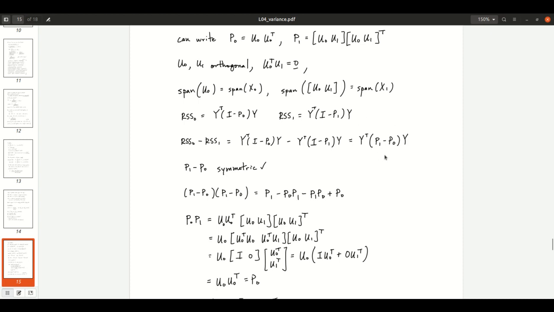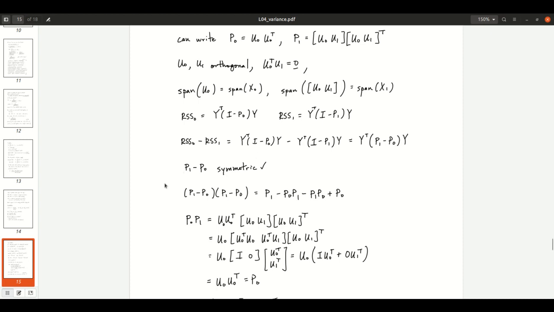What we need to check is, is this a symmetric idempotent matrix? And if we multiply this thing times X under the null, do we get 0?